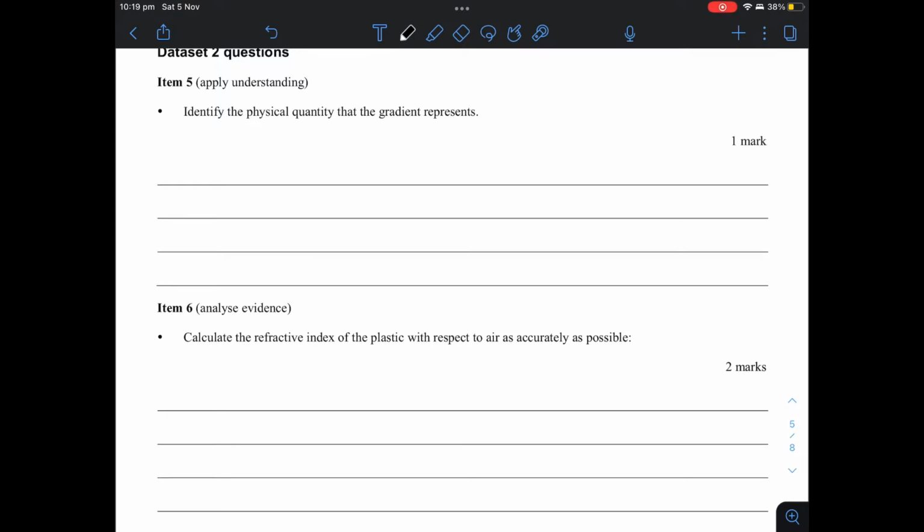Well, we start with Snell's law. Snell's law relates sine i and sine r, and our graph is sine i and sine r. So write down Snell's law: sine r over sine i, in this case, is the refractive index going from plastic to air.